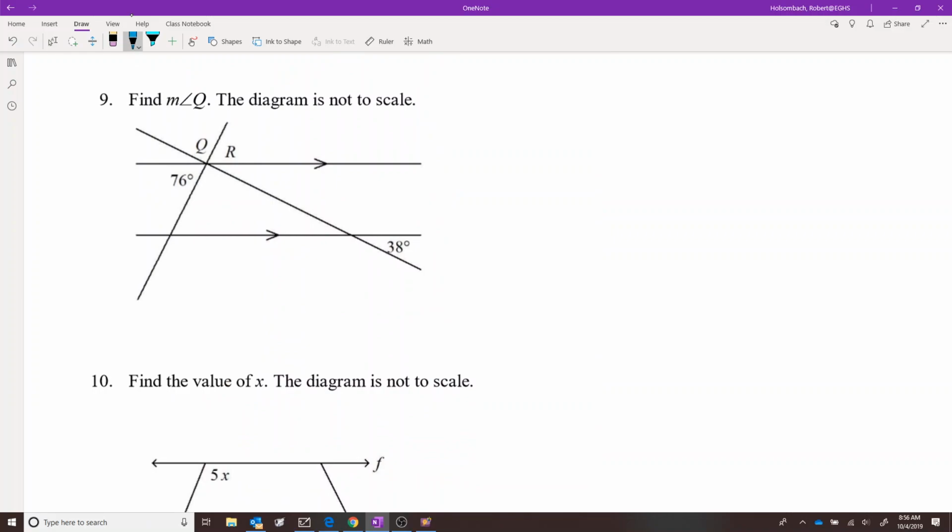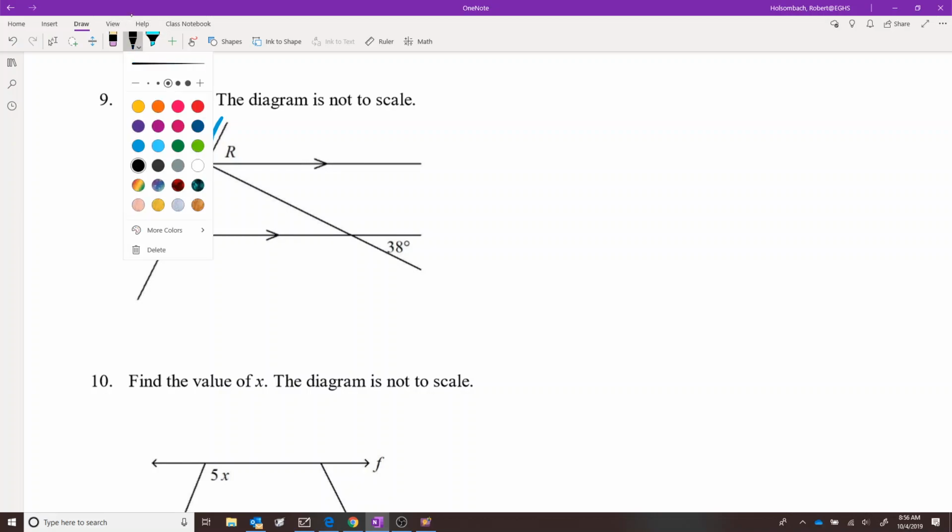Number 9, you need the measure of angle Q. You need this one right here. Better, right here. That angle. Okay, this picture has given people problems in the past. So look at this though.